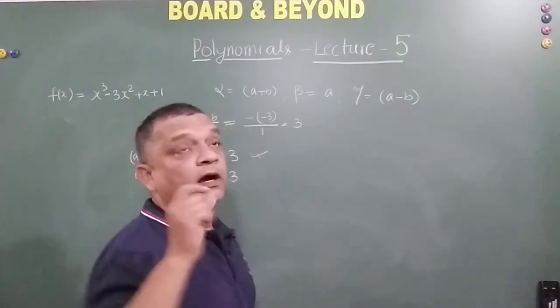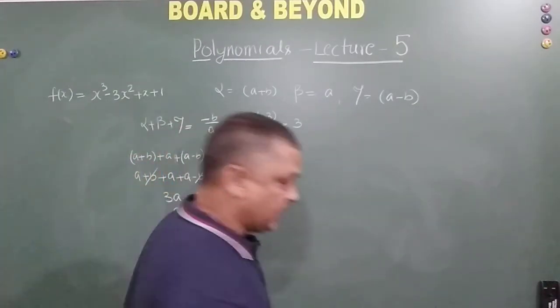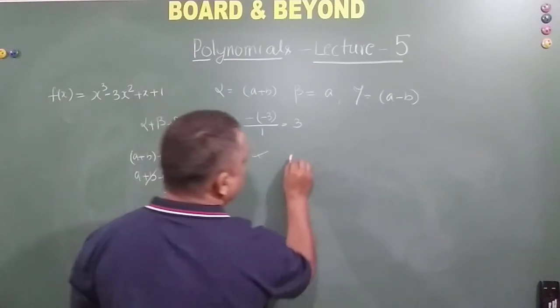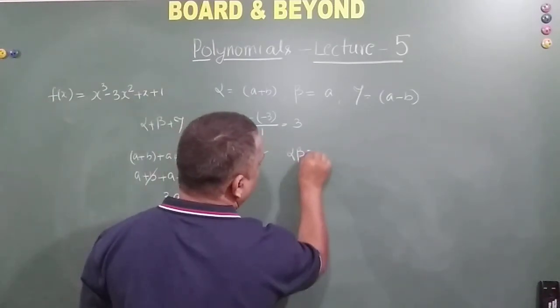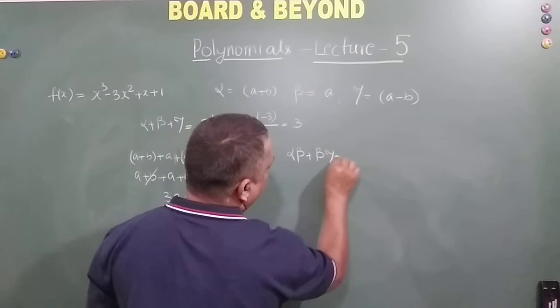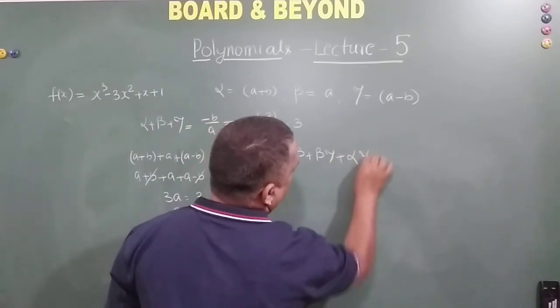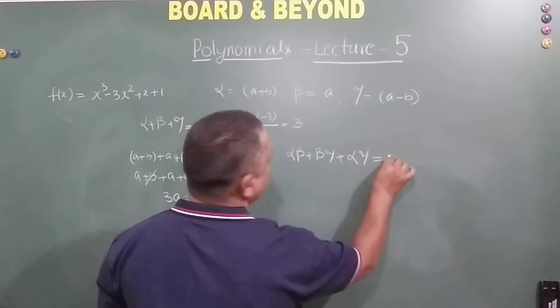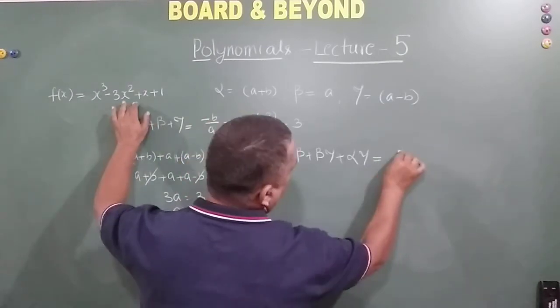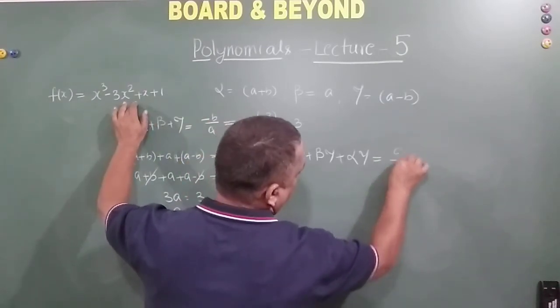That is alpha beta plus beta gamma plus alpha gamma. So alpha beta plus beta gamma plus alpha gamma is equal to how much? c by a.